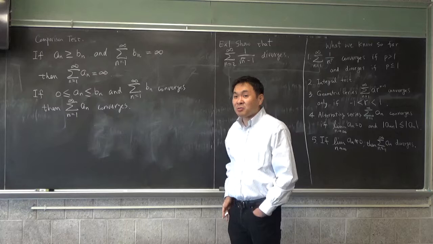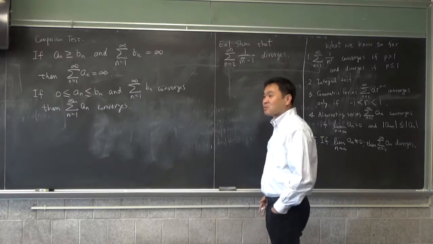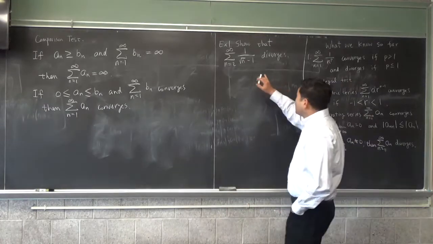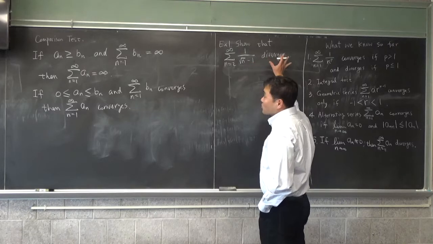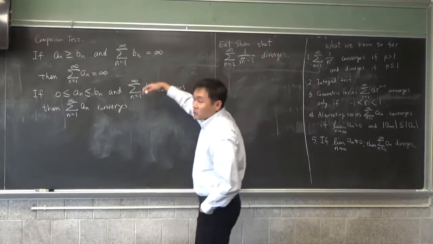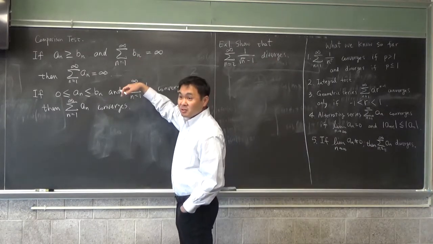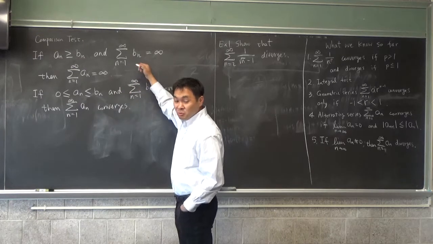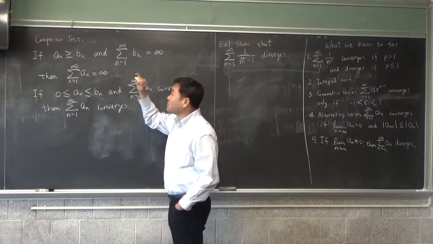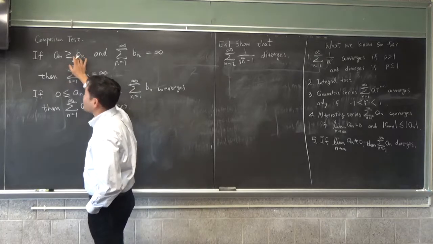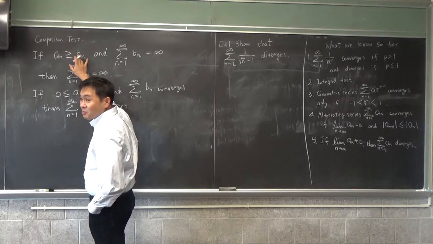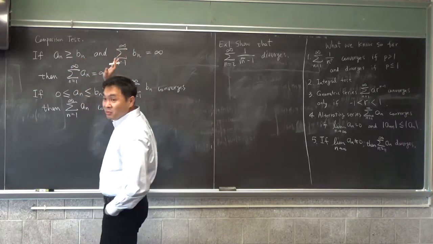This one, on the other hand, you have to find something that's bigger or find something that's lesser. So, because you want to show it diverges, which one are we trying to use? The top one. This one is the one we want to use. Which means I have to find something that's less, but then when you add them up, it diverges. Okay?